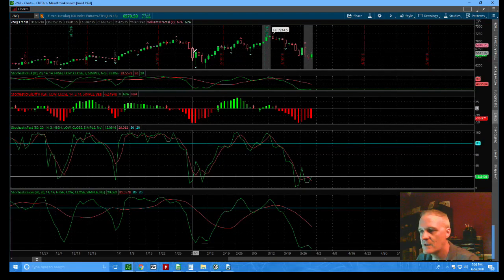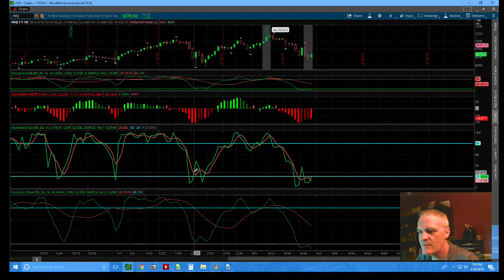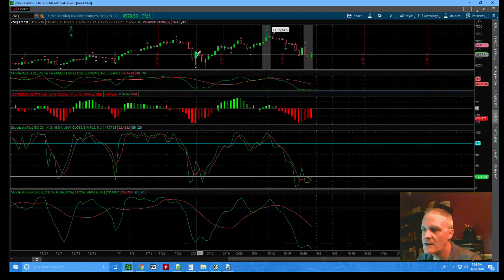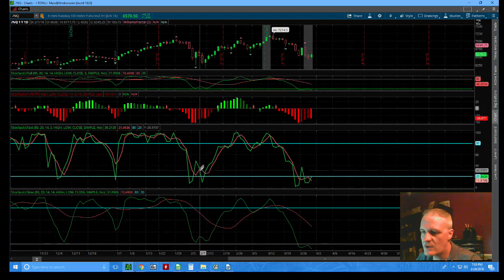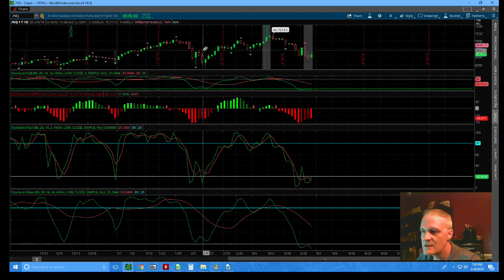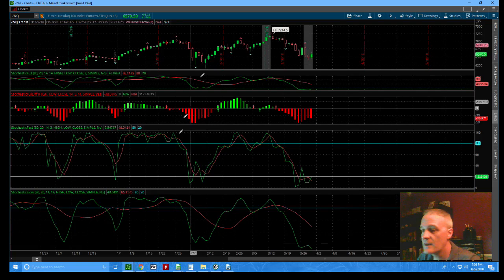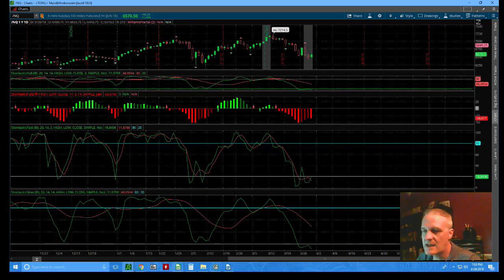Okay. Now, what happens is fast K crossed above fast D, and you would think, oh, now it's time to go long. And if you had done that, you would have been right for a while. But then potentially, once fast K crossed back below fast D again, you might have gotten whipsawed out of the trade, and you might have gone from long to short.